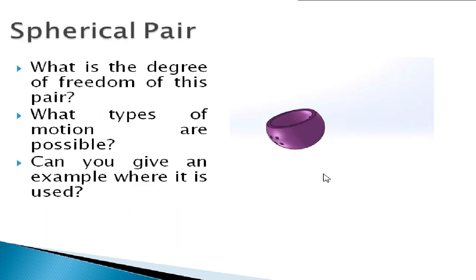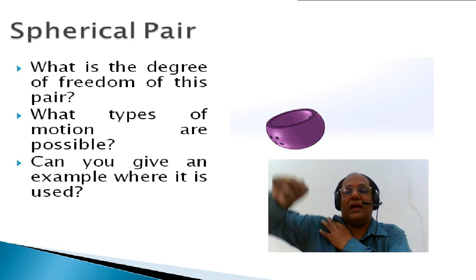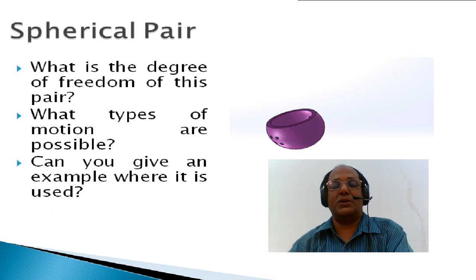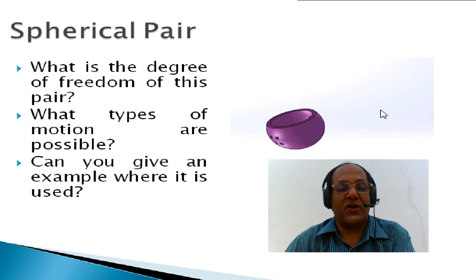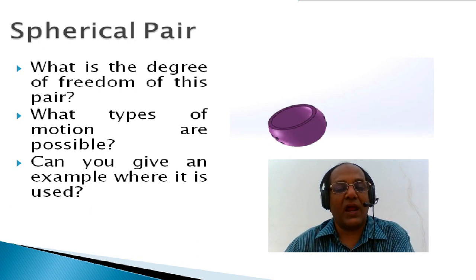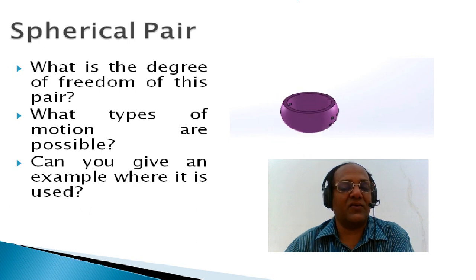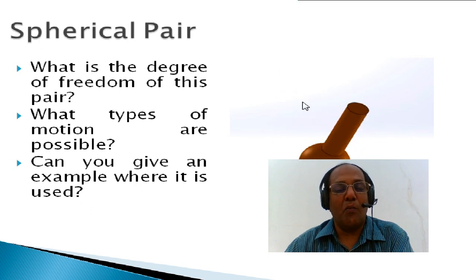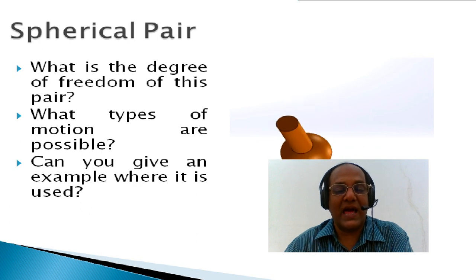Let us try to look at another example. This is a spherical pair, or what we call a ball and socket joint, which is at our shoulder. As you can see, the type of joint that you have at this location is what is called a ball and socket joint. Let me try to show an animation of the socket. I'm just turning the socket around so that you can take a good look at it. And then you have another element which is a ball with a long lever attached.